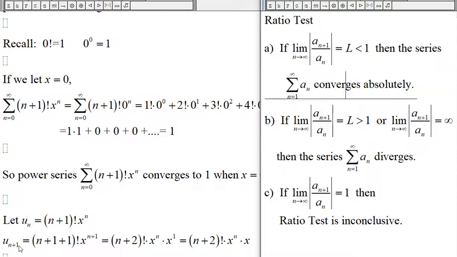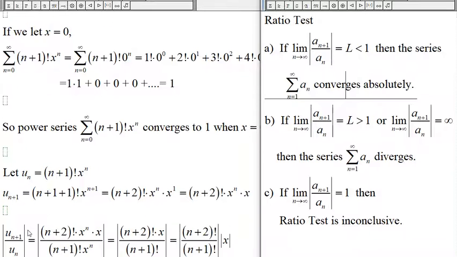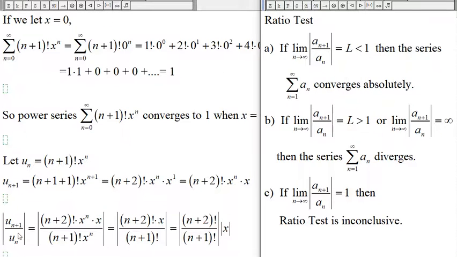Now we need to do the ratio u sub n plus 1 divided by u sub n. It would be this part divided by this part. So we have (n plus 2) factorial times x to the n times x, divided by (n plus 1) factorial times x to the n.